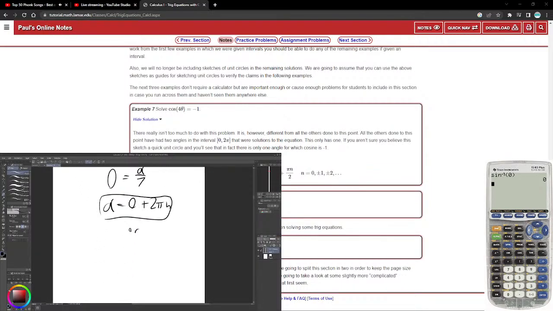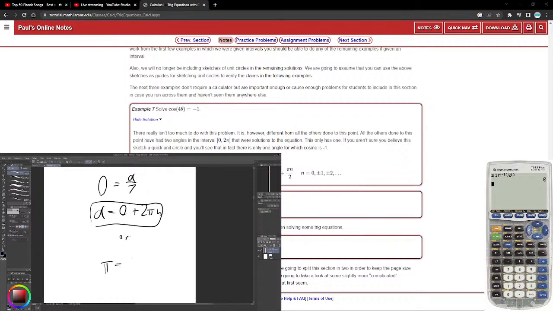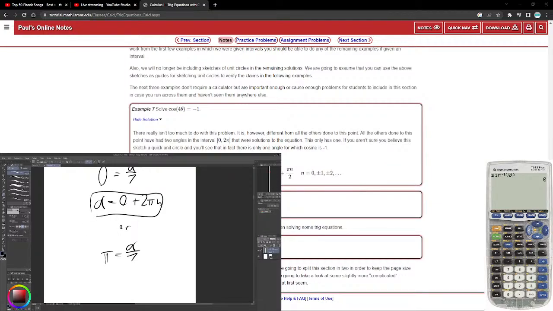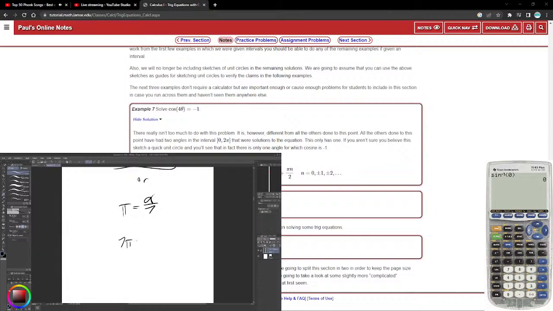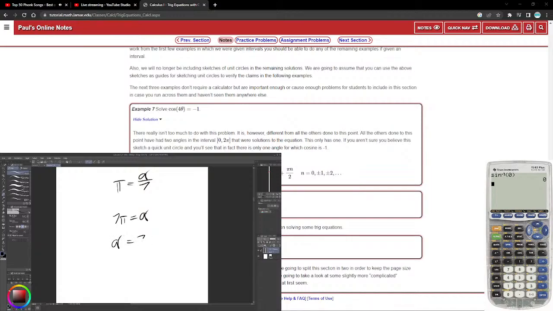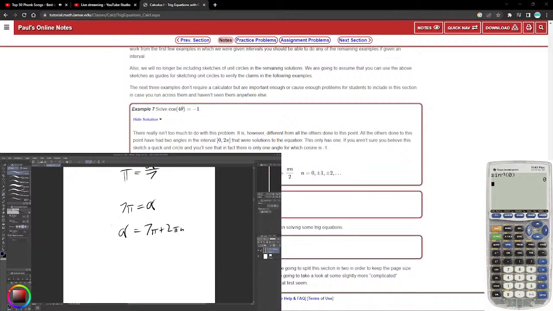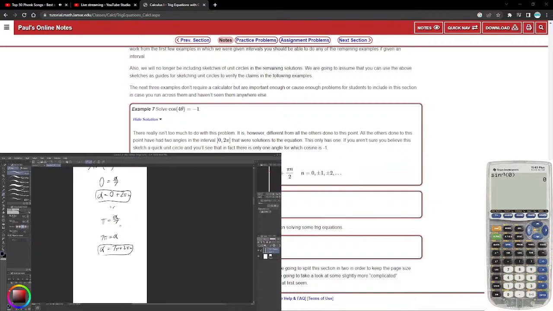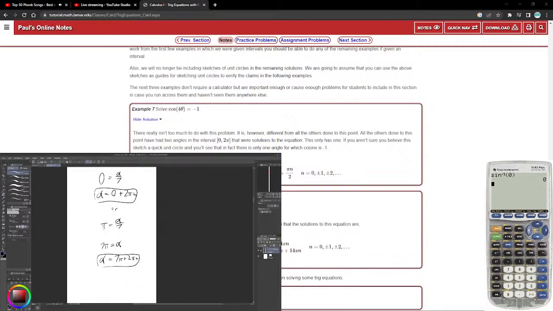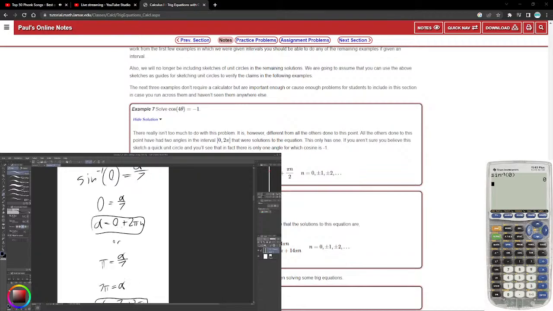Or it could be pi equals alpha over 7. 7 pi equals alpha. Alpha equals 7 pi plus 2 pi n, maybe. Wait, 14 pi n.